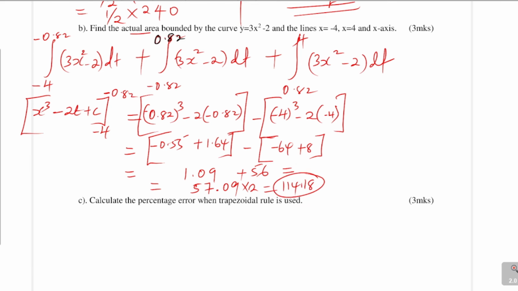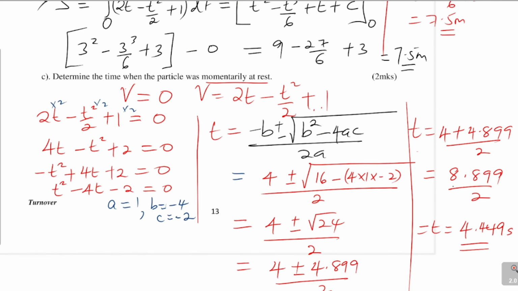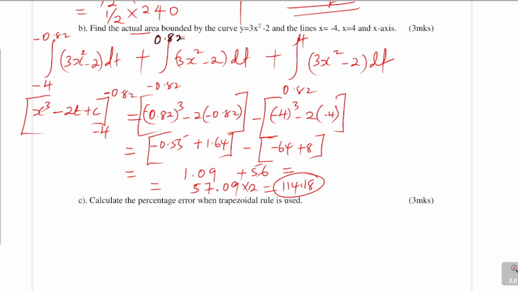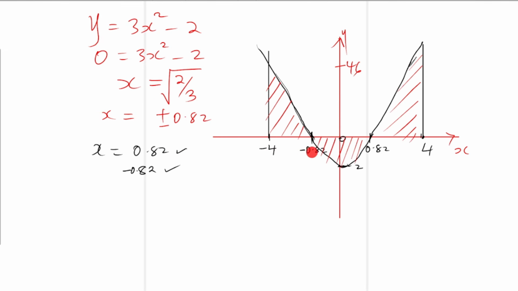So we are not yet through. We are remaining with the one at the middle, from negative 0.82 to 0.82.